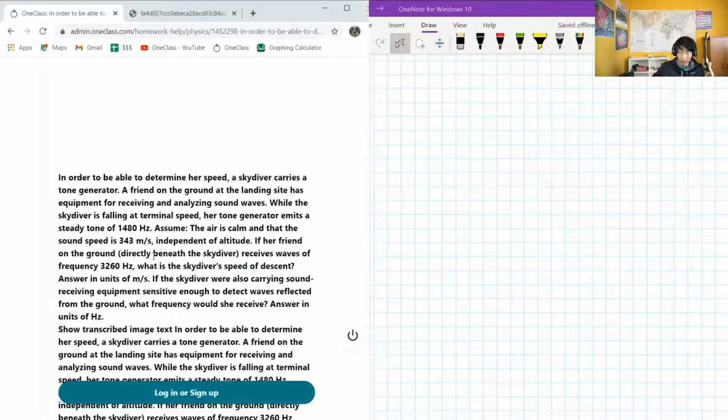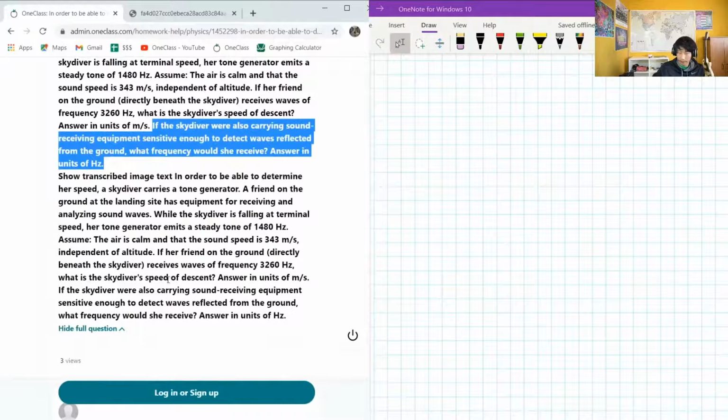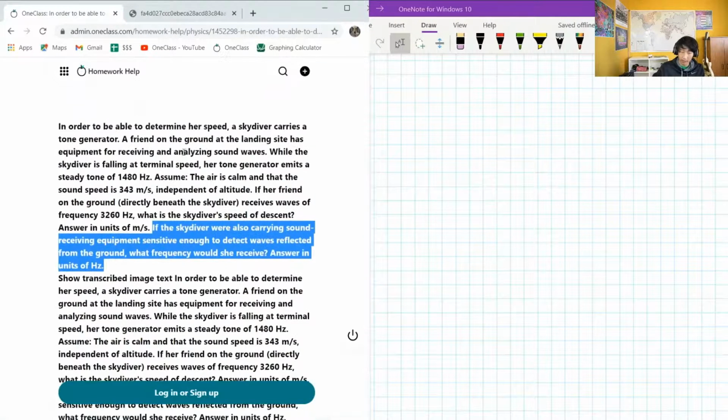If the friend on the ground receives waves of frequency 3,260 hertz, we need to figure out the skydiver's speed of descent. So this is the first part of the question, and the second part is we're trying to figure out the reflected frequencies, but we'll get to that when we get there.